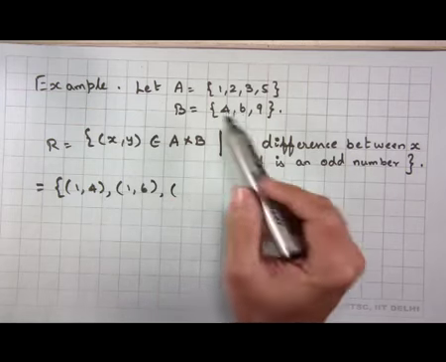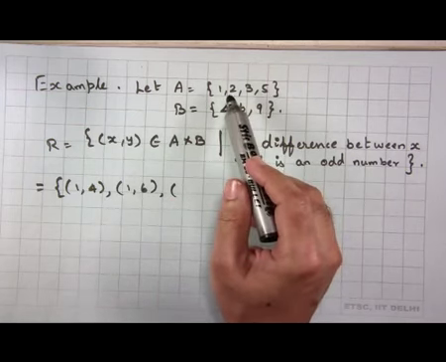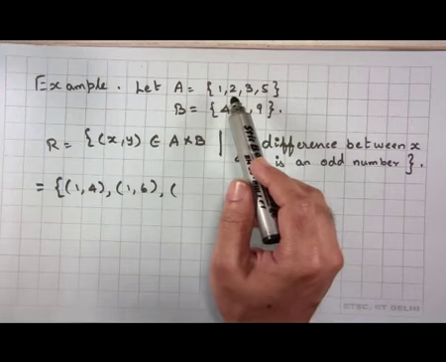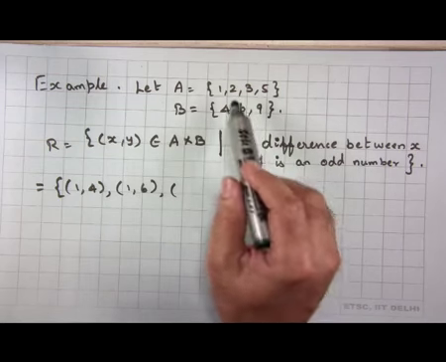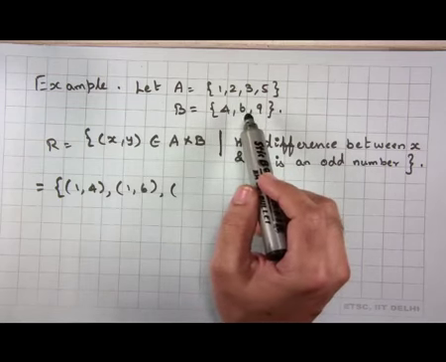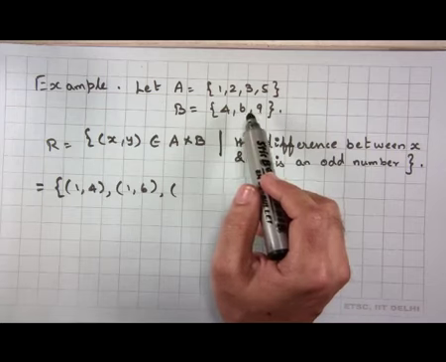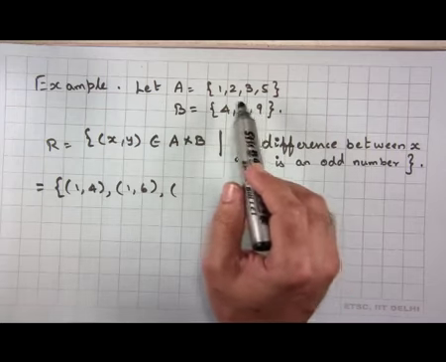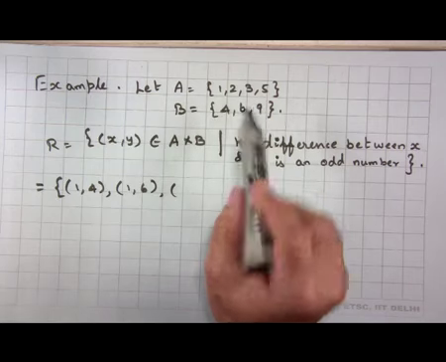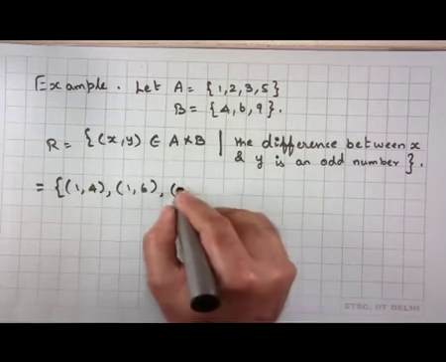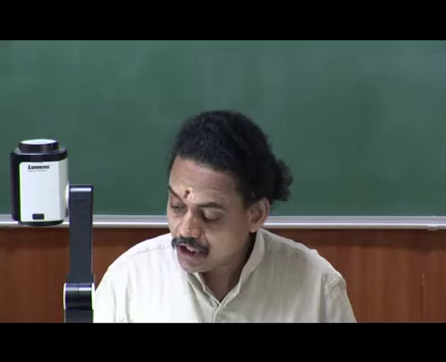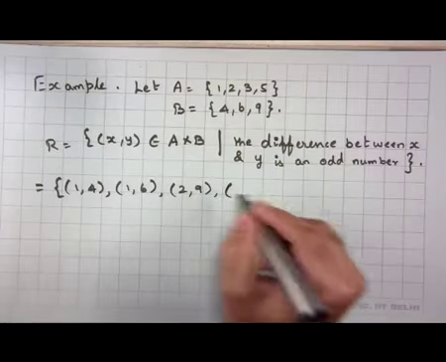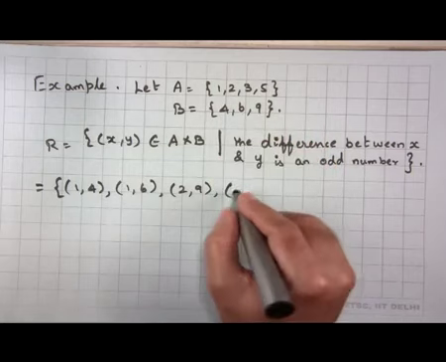Let us look at the second one, (2, 4), the difference 4 minus 2 is 2, which is an even number. Therefore, it cannot be part of R. So, (2, 6), the difference is 4, therefore, cannot be part of R. Similarly, on the other hand, (2, 9), the difference is 7, which is an odd number, therefore, it is part of this R. Now, the next one (3, 4), the difference is 1, which is an odd number.